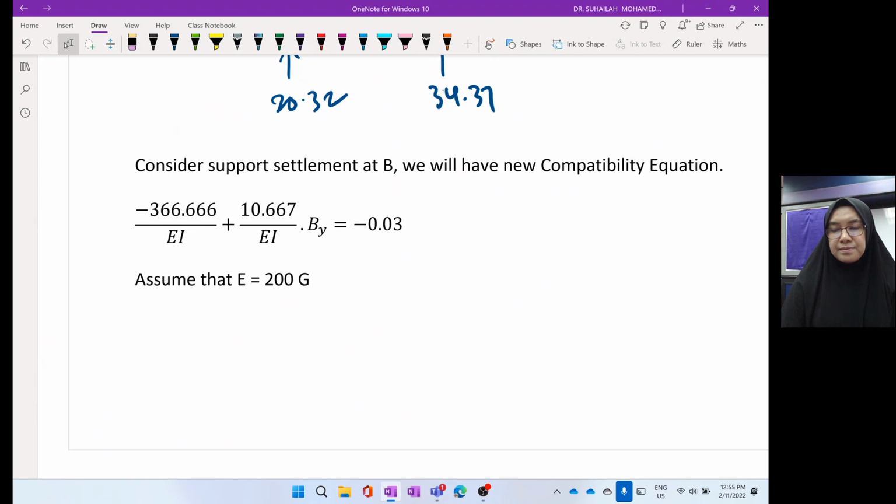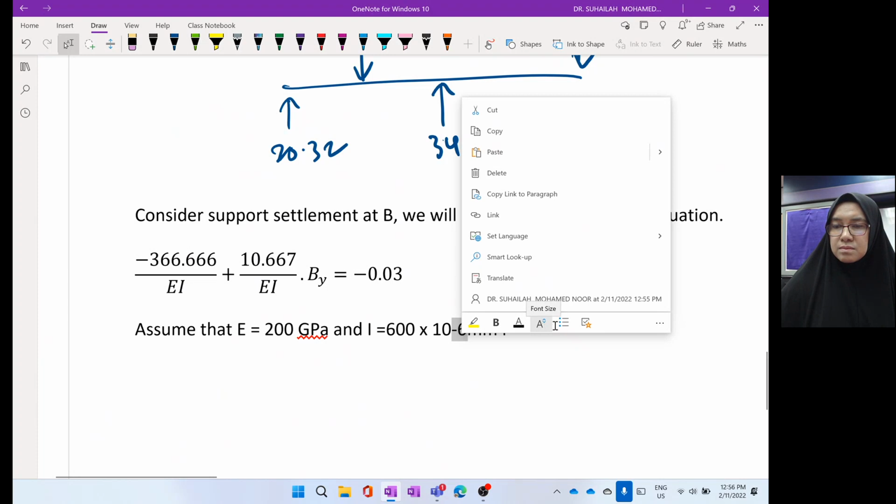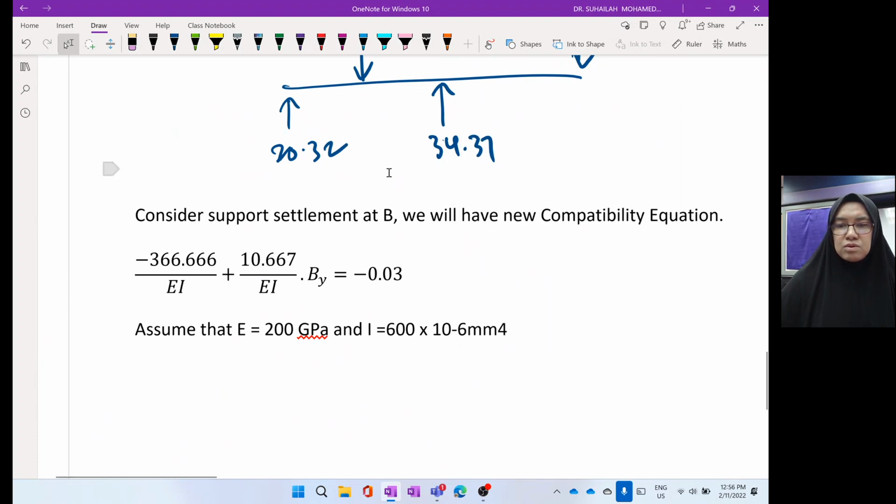And I is equal to, okay, let's say it is 600 times 10 power of 6 mm4. Sekejap, kena tulis pakai equation.